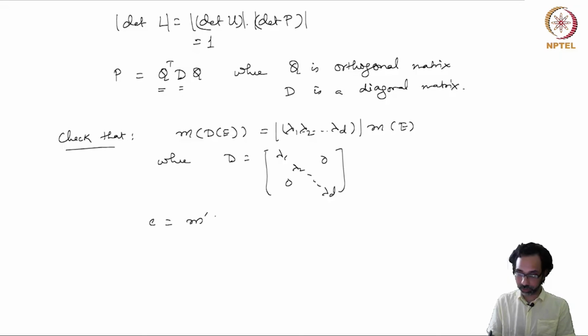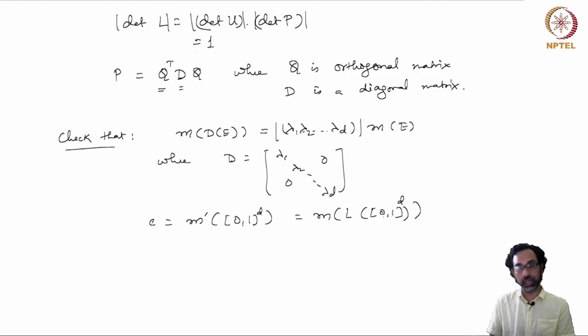Then this was simply the measure of the unit box, the d-dimensional unit box 0 1 to the D. So in our case we had the linear transformation L. So we just have to compute the measure of the image of the d-dimensional unit cube under the linear transformation L.